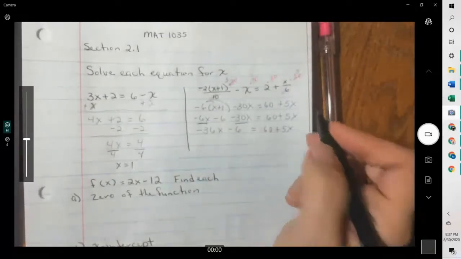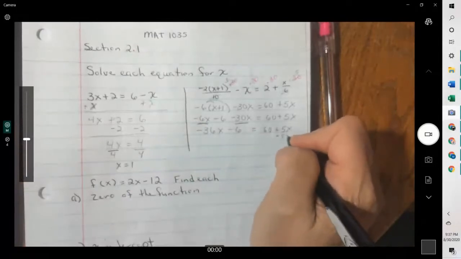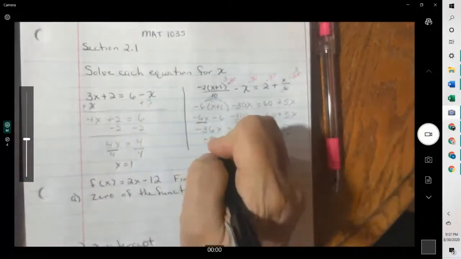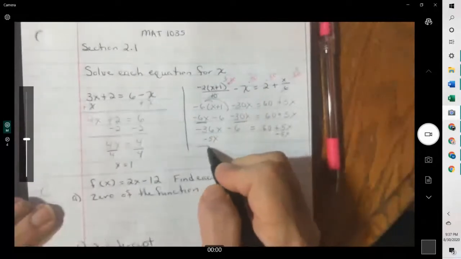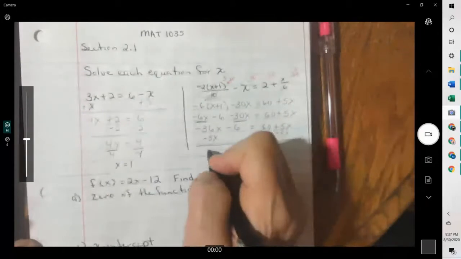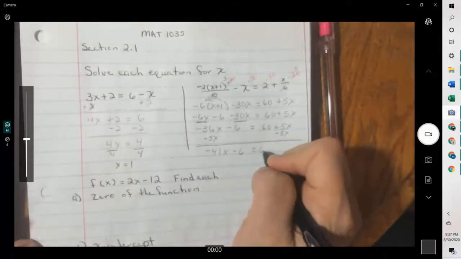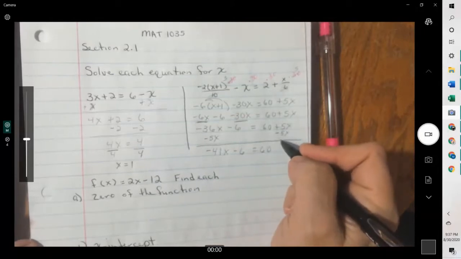Now we need to get the variables on one side and the numbers on another, so I'm going to subtract the 5x to the other side. And when I subtract that, I have a negative 41x minus 6 equals 60, because those cancel.